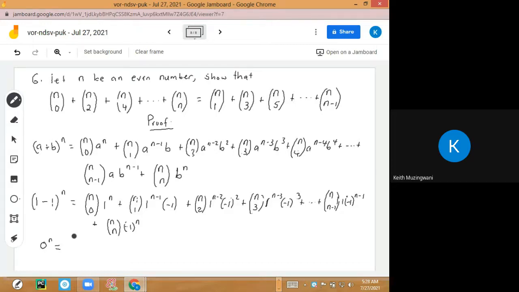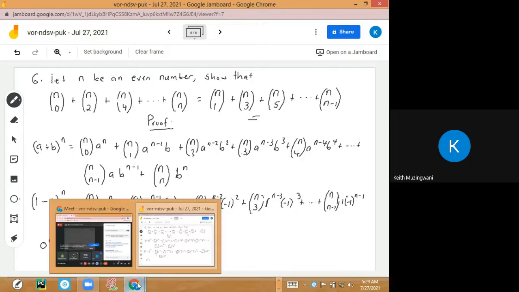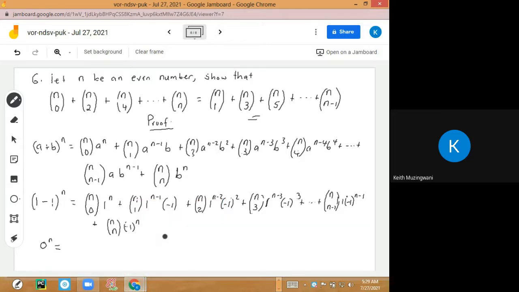Then the 0, 2, 4 will be positives, because negative 1 squared is 1. So we will have n0 minus n1 plus n2 minus n3 plus n4 minus n5. Then we take all the negatives to the other side. Then they require to be the same, so we arrive at this. That's how the identity must come out there.